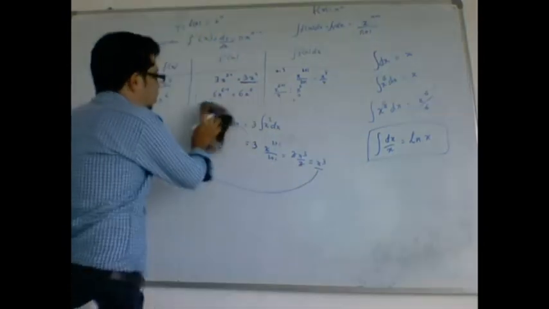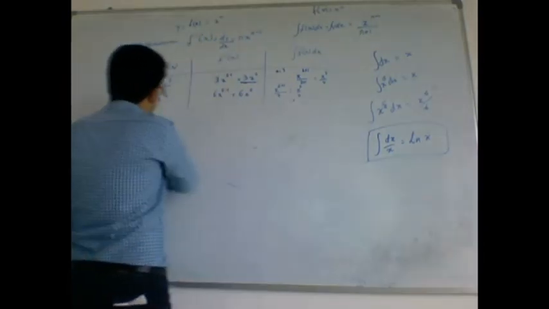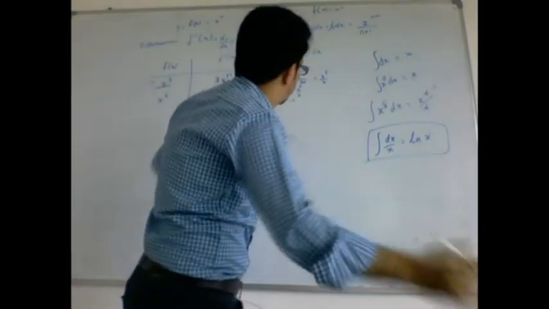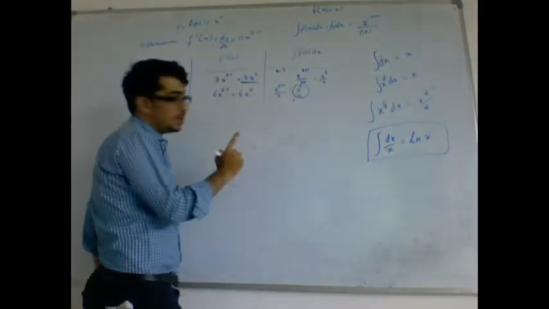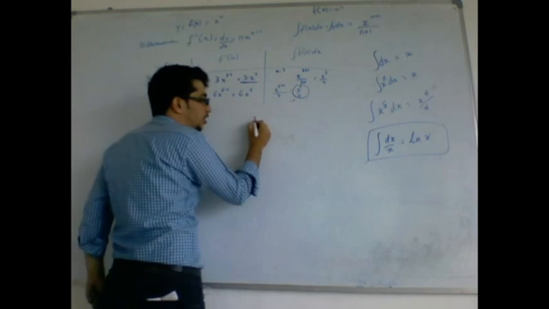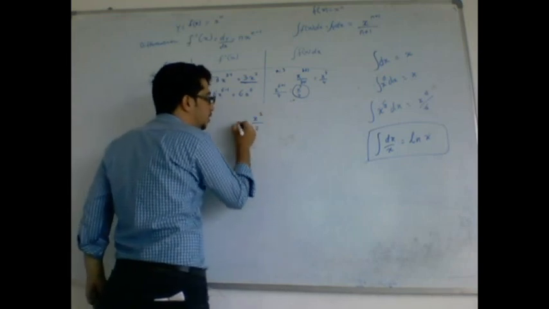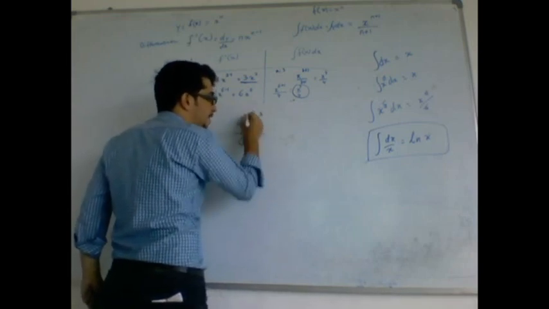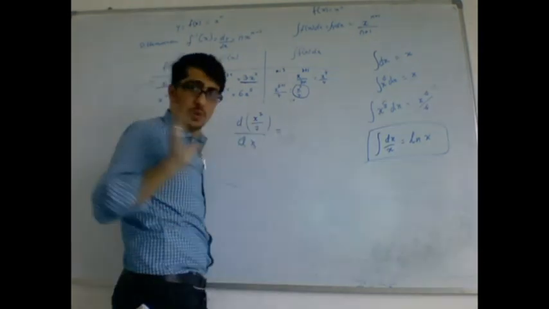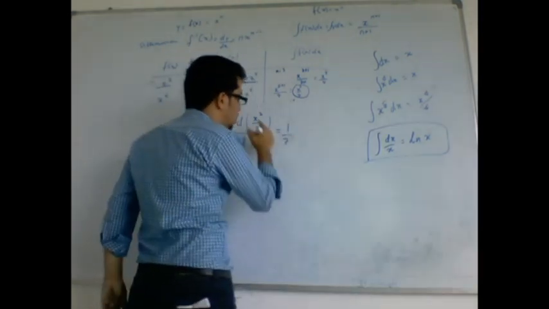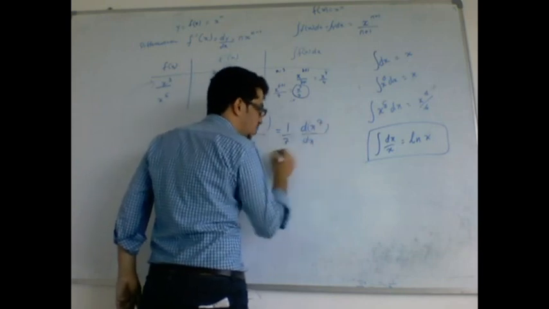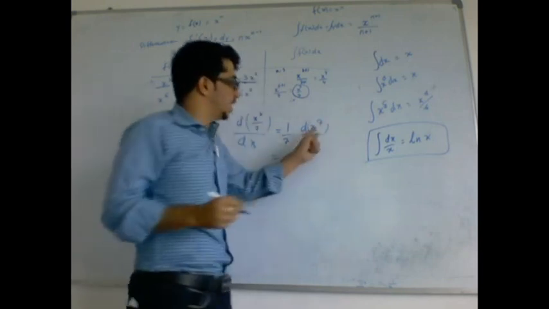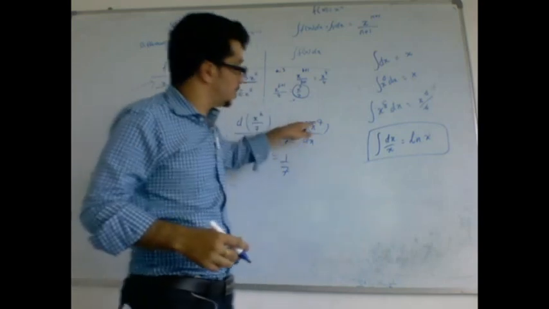Similarly, the reverse of integration is differentiation. Let me show this for the answer of an integration. So we get x power 6 from the integration, and we get x power 7 by differentiation, d by dx. So 1 by 7 is the coefficient here, I will write it as it is. So my question is d of x power 7 upon dx, 1 by 7 times x power 7.